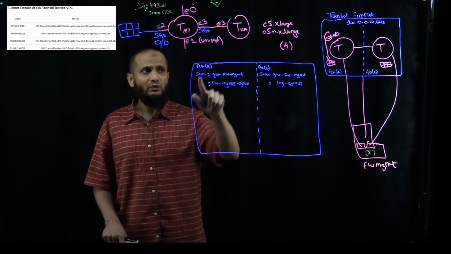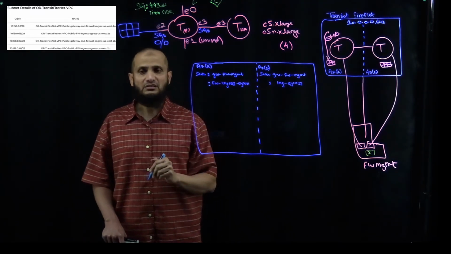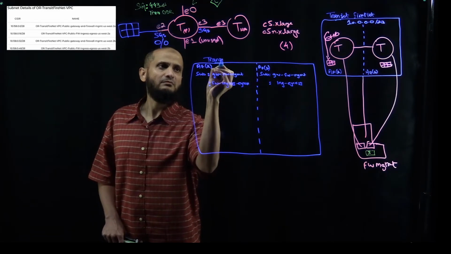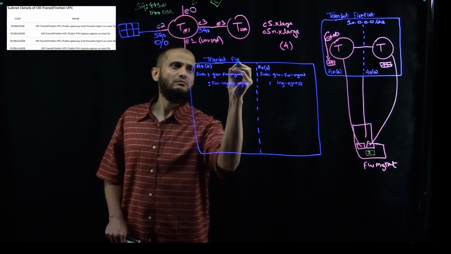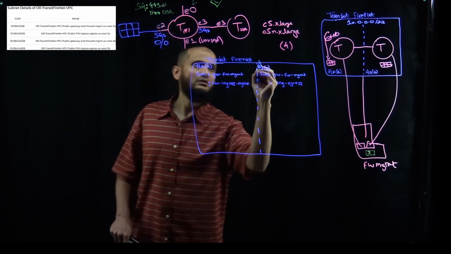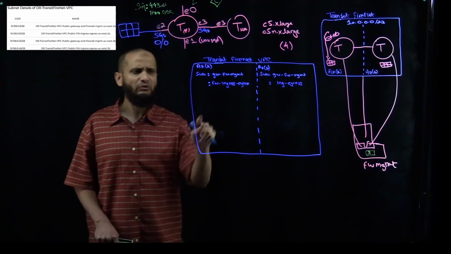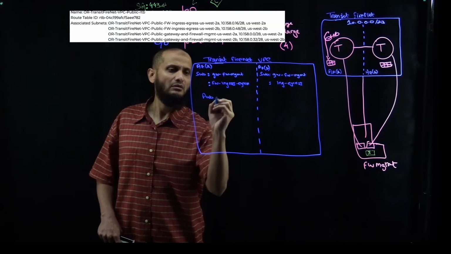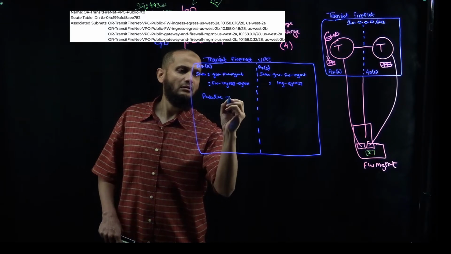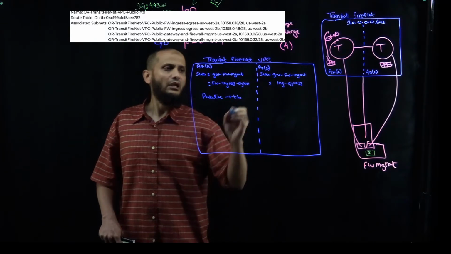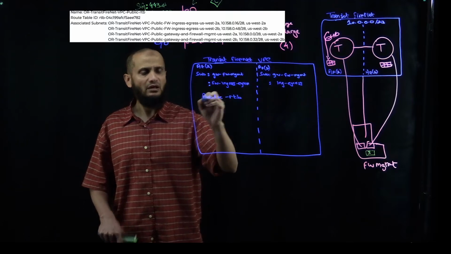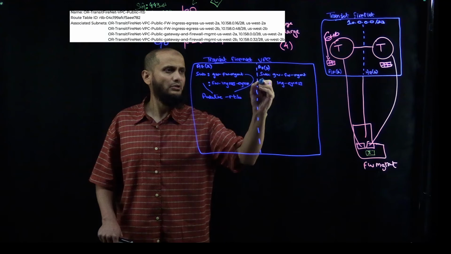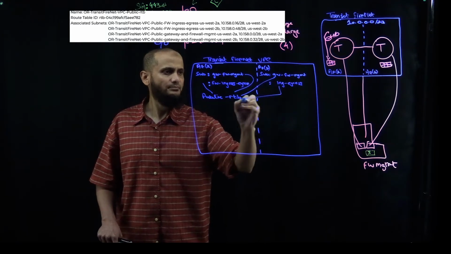At this time, when we create the Transit FireNet VPC, by the way, this is a Transit FireNet VPC, we are also going to create a public route table, and all these four subnets are going to be associated to this particular route table.